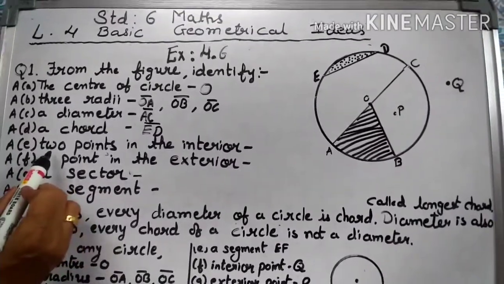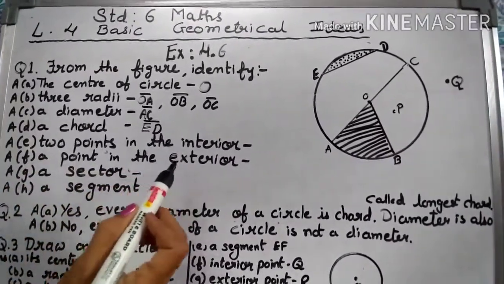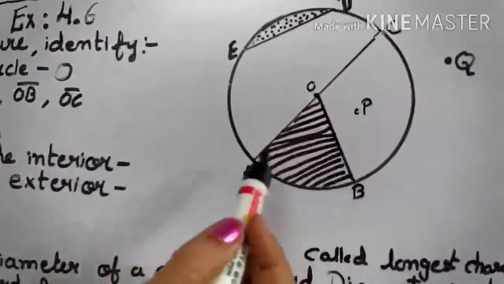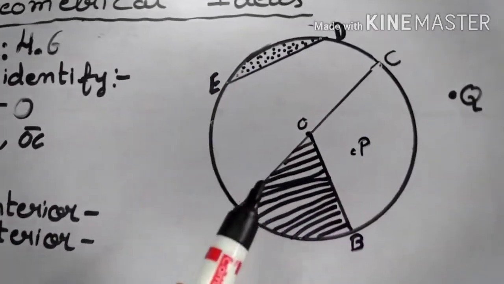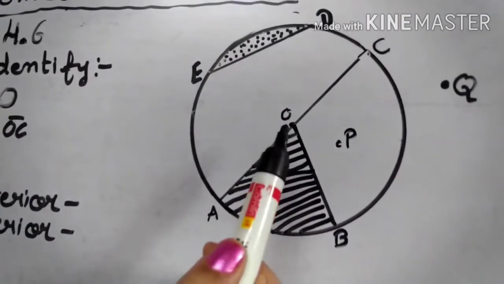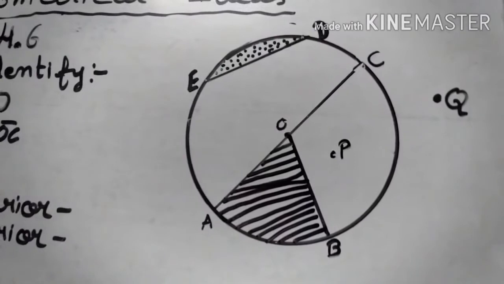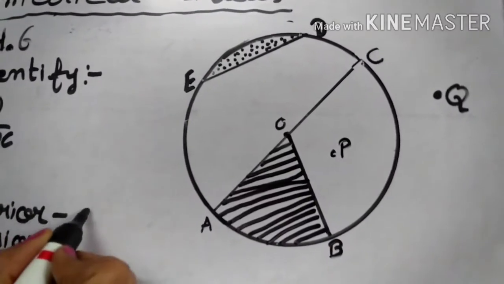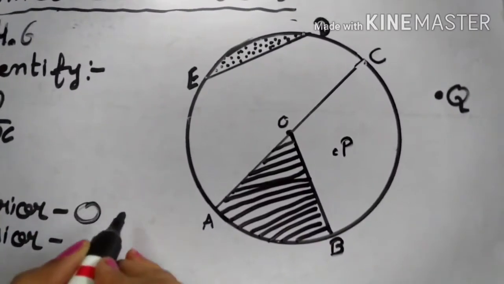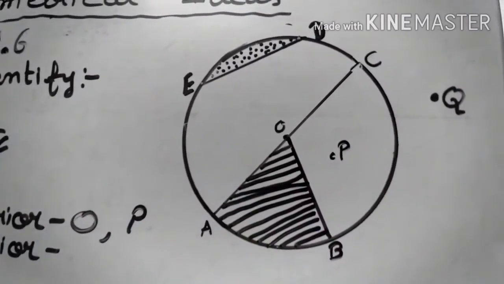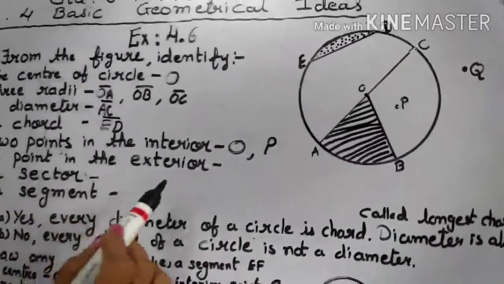Now, 2 points in the interior. Students, can you see which are the points lying inside the circle? Inside the circle are point O and point P. So, the 2 points in the interior are point O and point P. A point in the exterior.